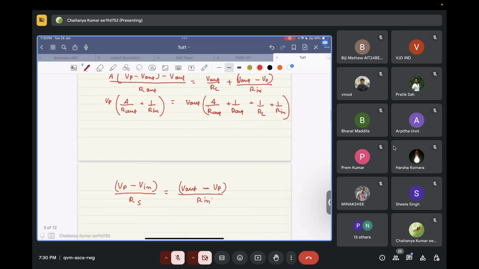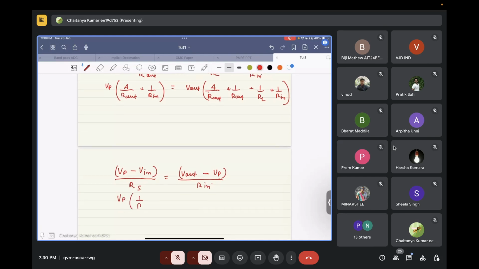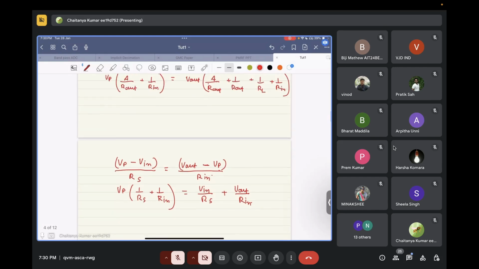Okay. So again, we can put all the Vp terms on one side. So we will have Vp times 1 by Rs plus 1 by Rn is equal to V in by Rs plus V out by Rn. Is this correct? Is this clear?